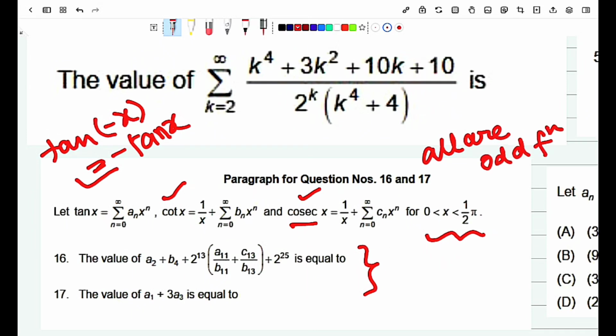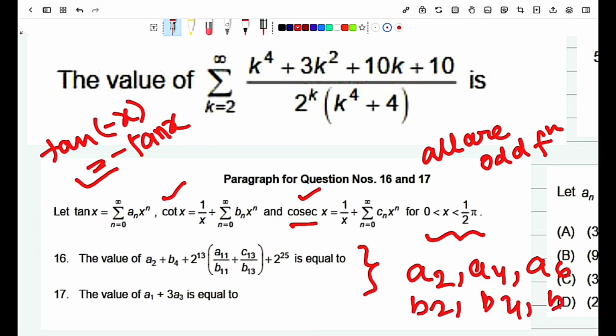Therefore every even term, like a2, a4, a6, b2, b4, b6, c2, c4, c6 and so on, must be equal to 0. So a2 is 0, b4 is 0. Now half of the problem is already done by the hints.